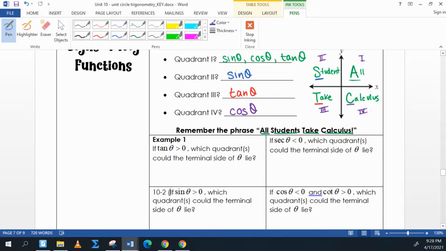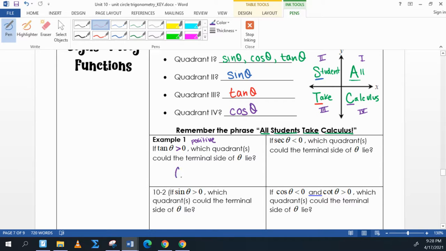Okay, so we know, look at this lovely problem, that the tangent is greater than 0. So sometimes I just like to say if it's greater than 0, that means it's positive. Okay, so the tangent is positive. Which quadrants could the terminal side of theta lie? So you just look up here and say, oh, they're all positive in quadrant 1.